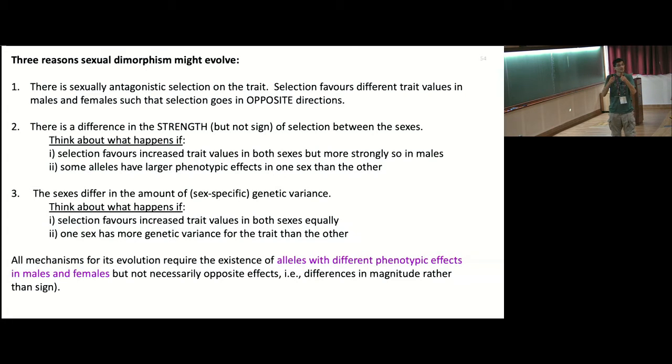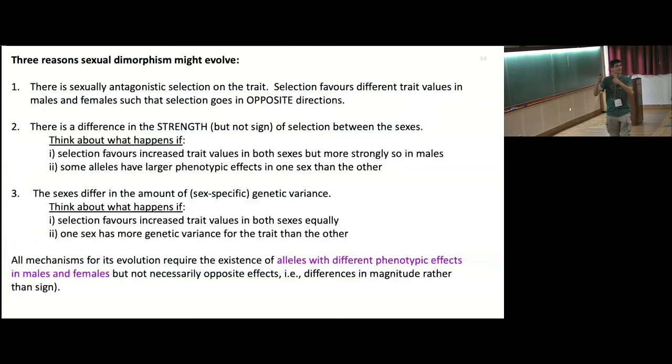One could imagine that selection is pushing both sexes in the same direction, but for some reason selection is stronger in one sex than the other. And if mutations don't affect both sexes equally, say mutation A has a larger effect on males than on females, but mutation B has a larger effect on females than on males, whichever sex experiences the stronger selection, that mutation is more likely to fix than the other one.